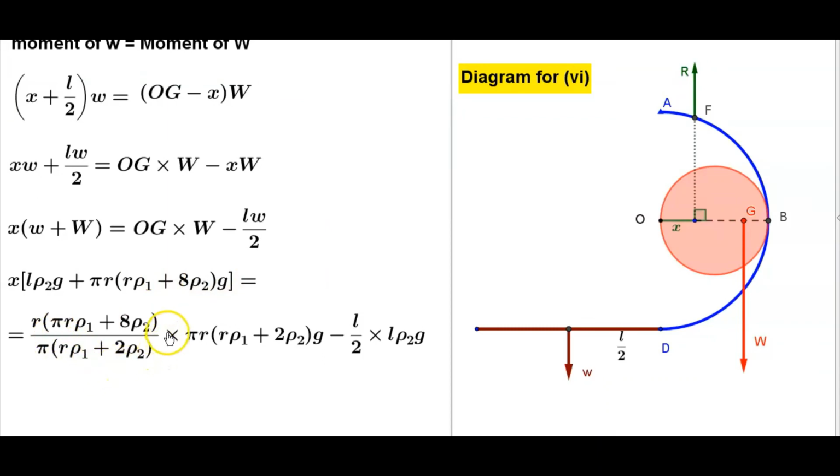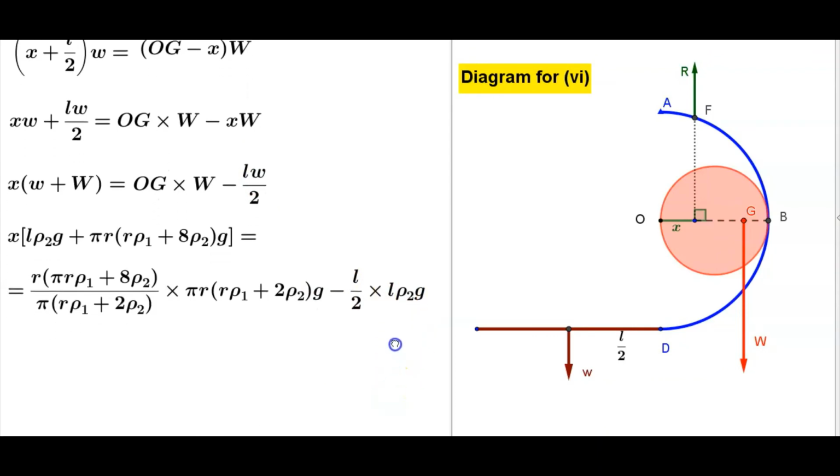Therefore, this one, OG into W minus L by 2 into, for the small w, L rho 2 g.